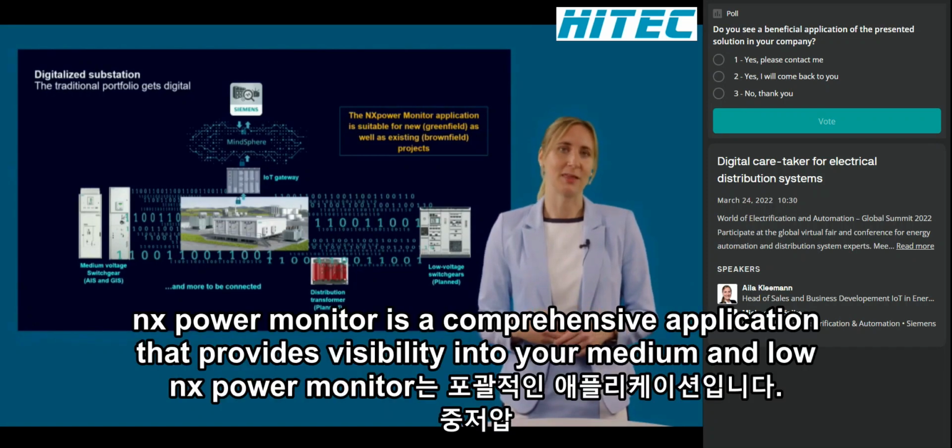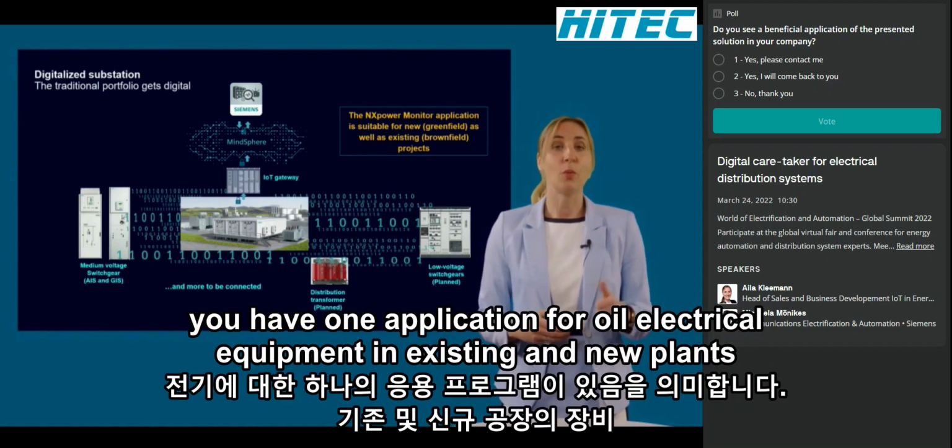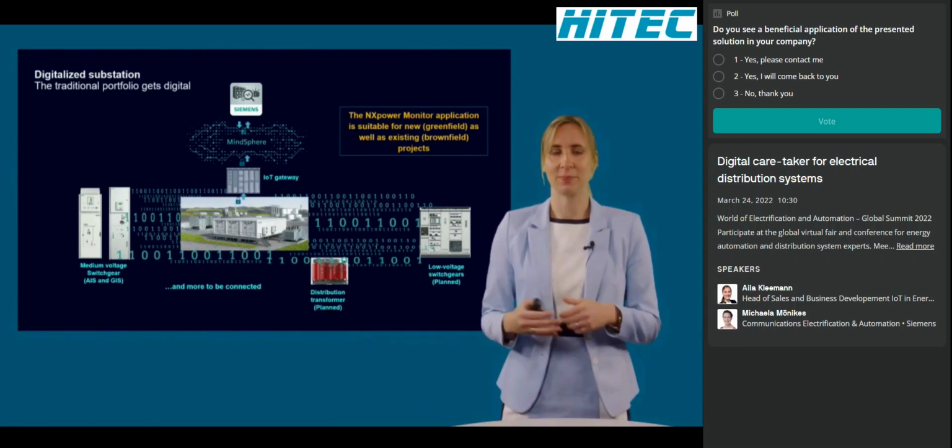Nxpower Monitor is a comprehensive application that provides visibility into your medium and low voltage switchgear, as well as transformers and other electrical equipment. This means you have one application for all electrical equipment in existing and new plants.